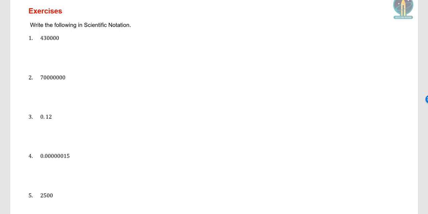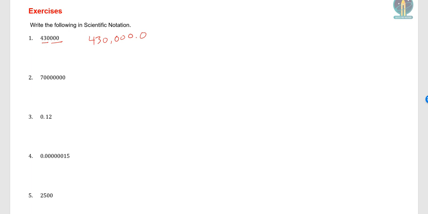Okay, so let's write these in scientific notation. So this is 430,000, right? So where would the point end up if we moved it to write this in scientific notation?